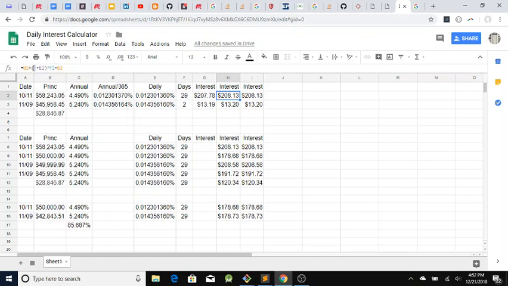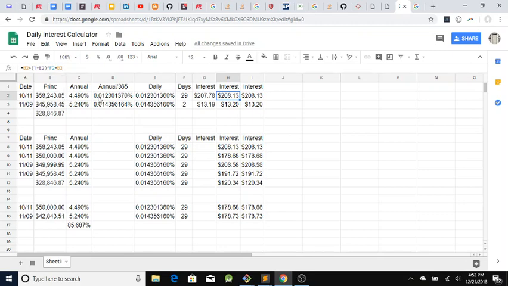So in this case, I have 1.01230136 to the power of 29. And that will give you the balance of this plus the interest. So if you want the interest by itself, you subtract the original balance, which is 58,243.05, cell B2.